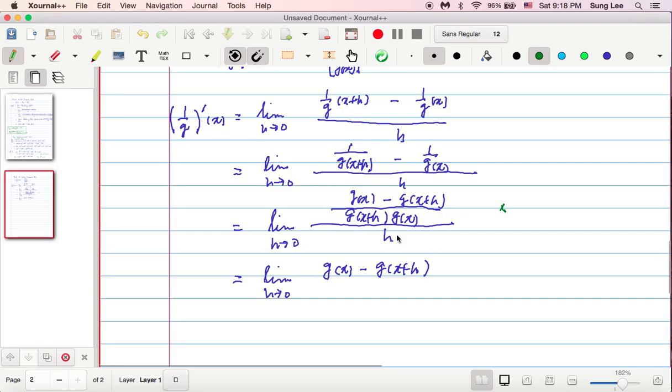Consider this whole thing as the numerator and h as the denominator. Multiply the numerator and the denominator by the same number, and the fraction doesn't change. So multiply top and bottom by g of x plus h times g of x. Down here, I'm going to multiply by the same number too.